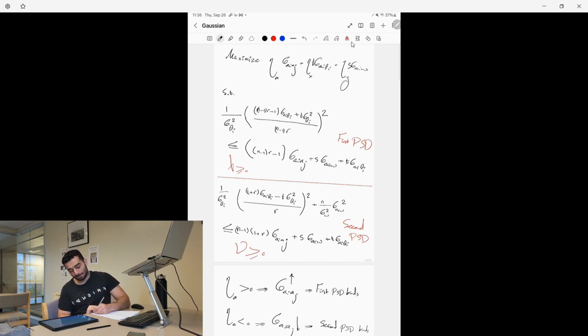Therefore round L round sigma ai aj actually won't change, because we don't have any term sigma ai aj times sigma ai theta i.